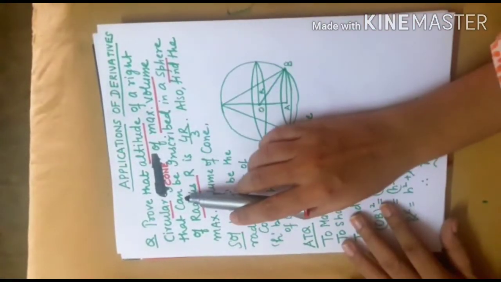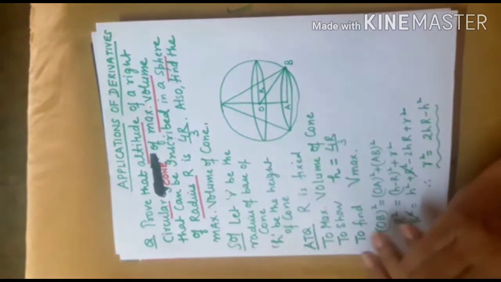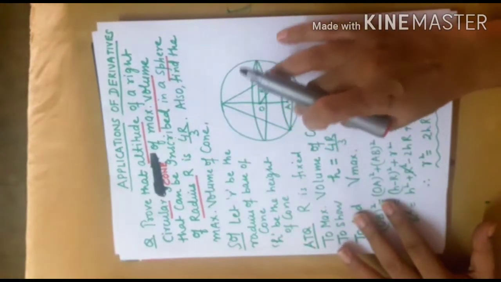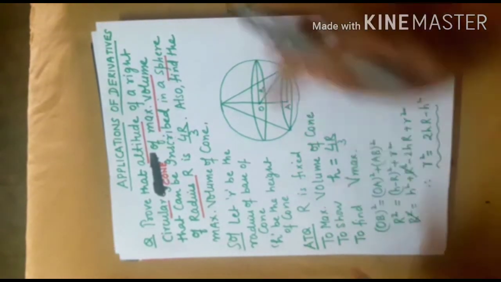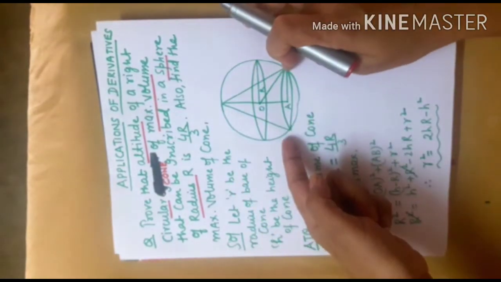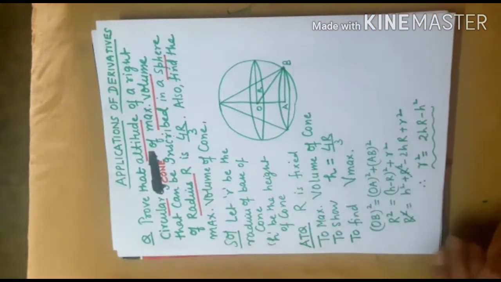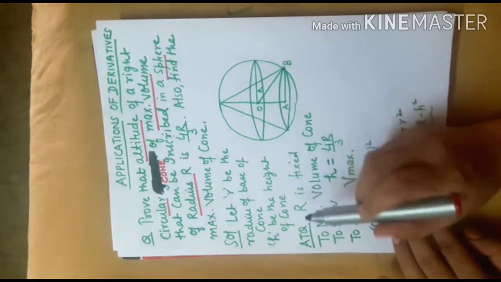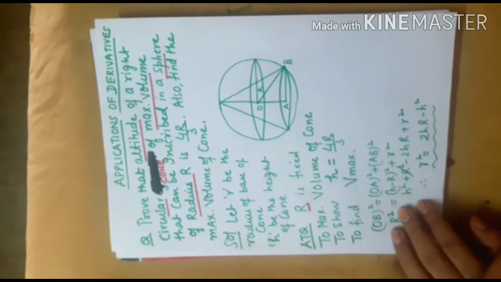Here, a cone is inscribed in a sphere of radius r. So we have a sphere whose radius is capital R, and a right circular cone is inscribed in this sphere. According to the question, the radius of the sphere is given, so R will be fixed.